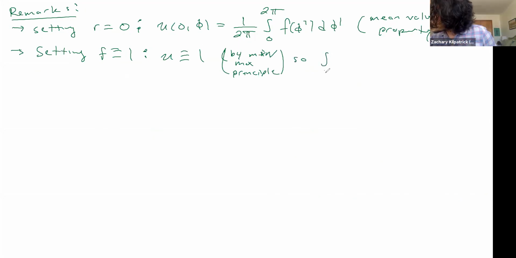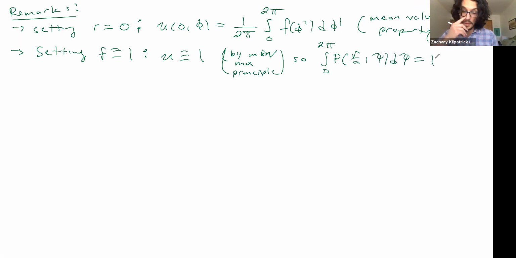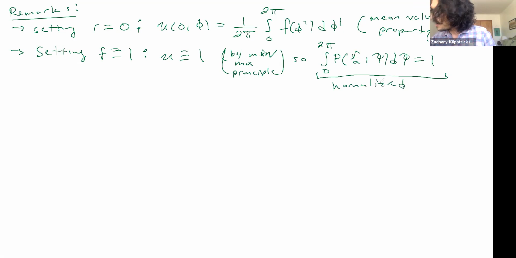Well, it actually tells us something interesting, which is that the integral from 0 to 2 pi of P of r over a, psi, d psi is equal to 1. Okay. So that means the Poisson kernel is normalized, just like our fundamental solution was for the heat equation. So there are some parallels here, but not everything works the same.